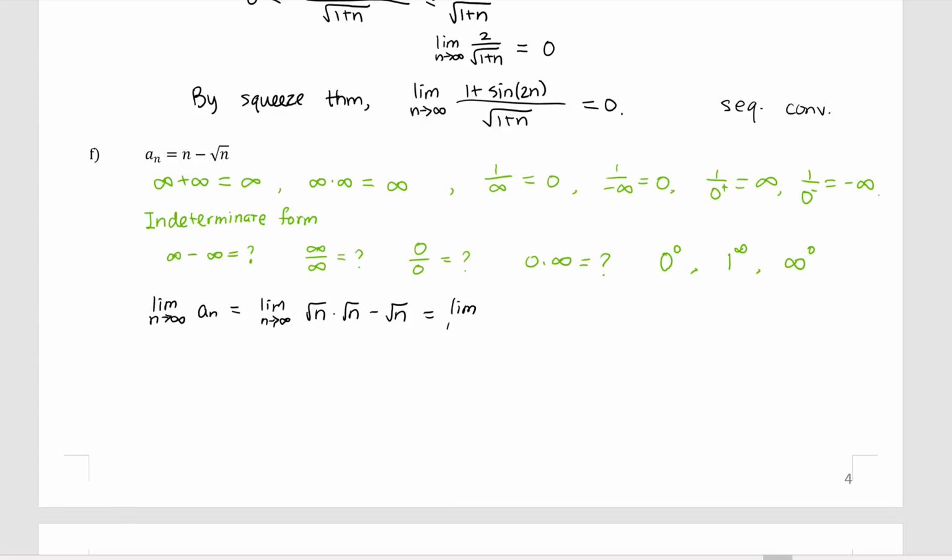Then you can see the common factor, the square root of n. What's left? The square root of n minus 1. Now, when n goes to infinity, you get infinity times infinity. Can you tell what is infinity times infinity? Yes, that is infinity. So we can tell now. That's why the sequence diverges.